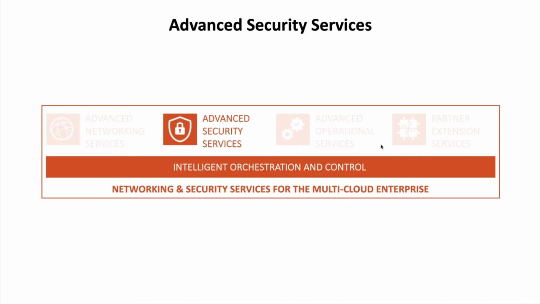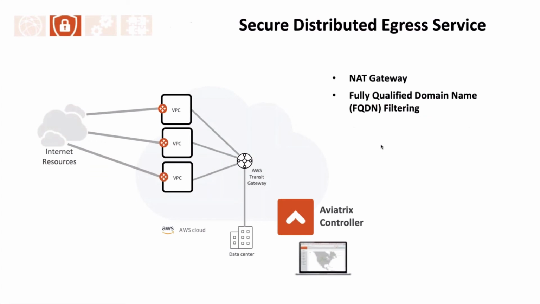Okay. So I want to touch on a couple other advanced security services because many of our customers will leverage these capabilities in addition to what we do for VPN. So the first one is our secure egress service.